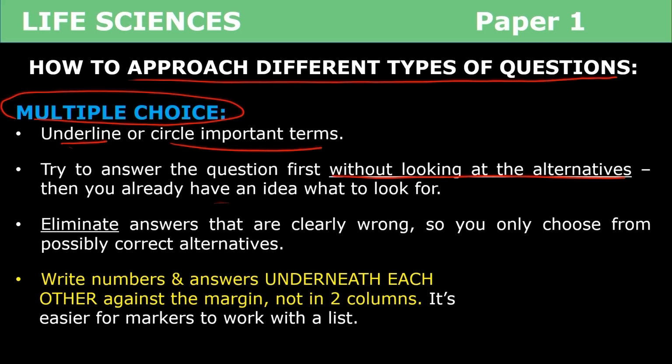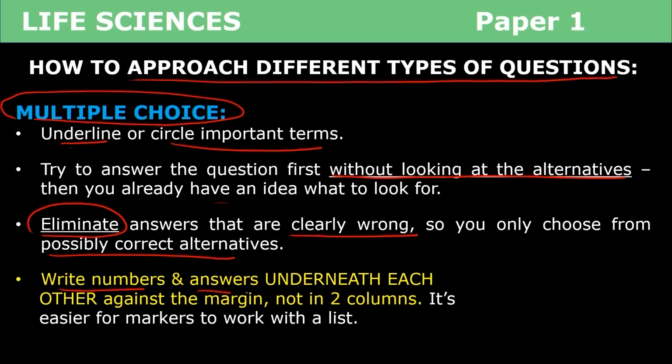The second method of answering your multiple choice questions is elimination. So you eliminate the answer that is wrong. You can see that this one doesn't speak to the given statement or description, so you eliminate it. Normally it's 2 options. You eliminate those, and then you work out the possible correct alternative from the ones that are remaining.